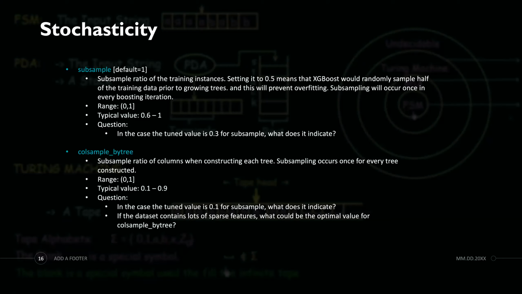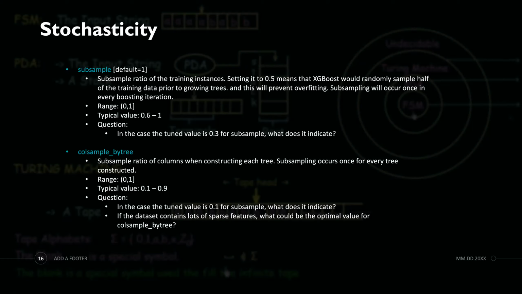If the value is 0.3, it means every time we only need 30% of the examples to train a new decision tree, and that gives us the best result.